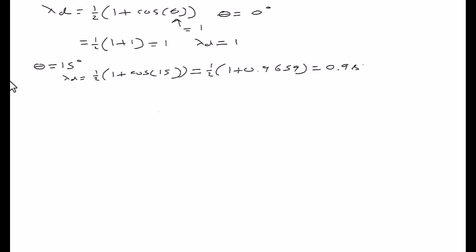So for theta equals 15 degrees, we have lambda d is equal to 1/2 (1 plus the cos of 15), which comes out as 1/2 (1 plus 0.9659), which is equal to 0.9829.